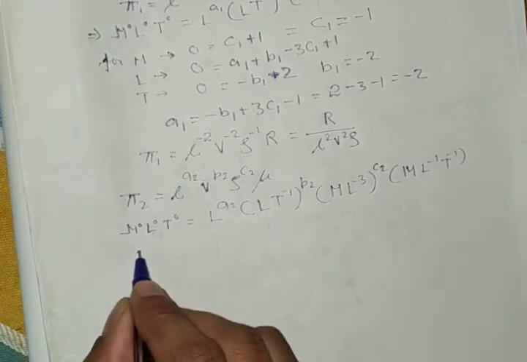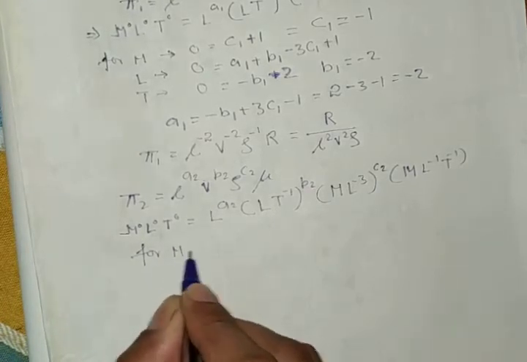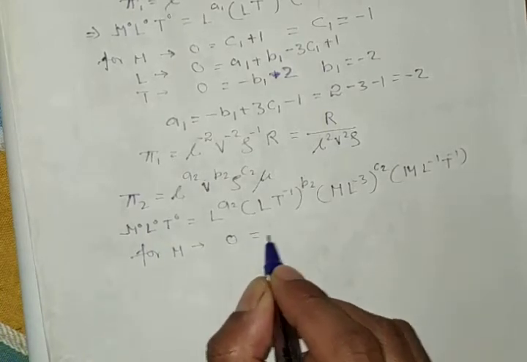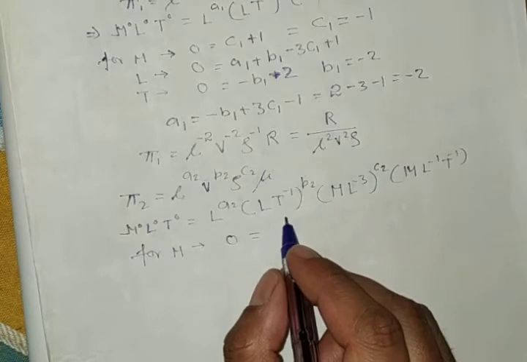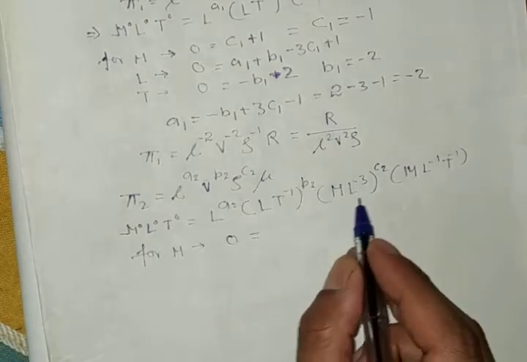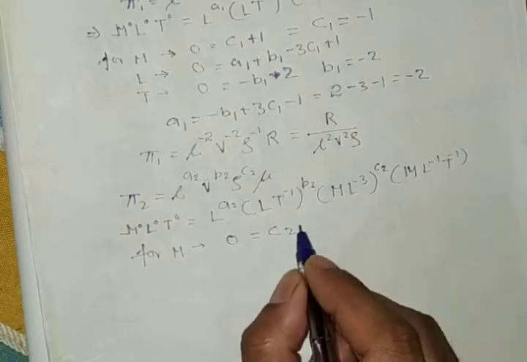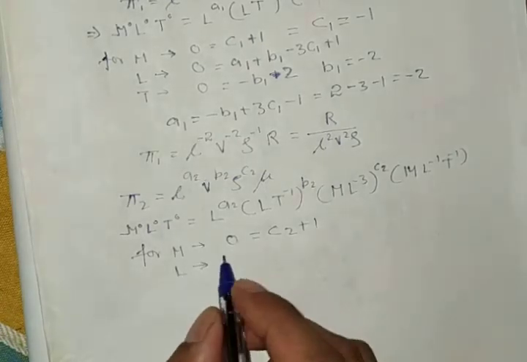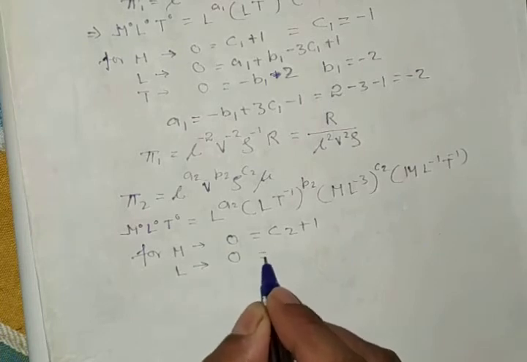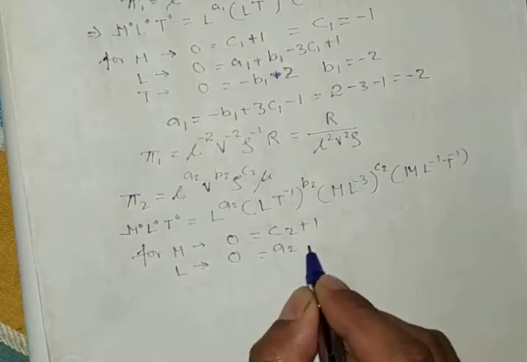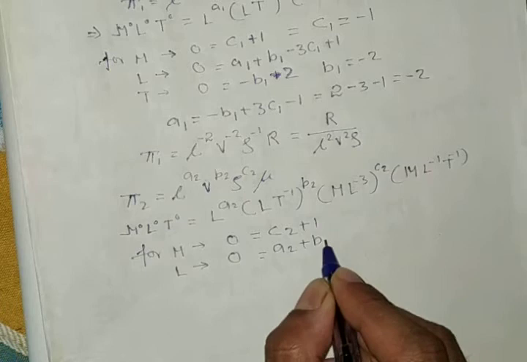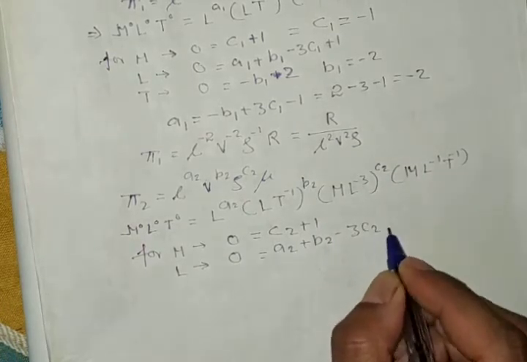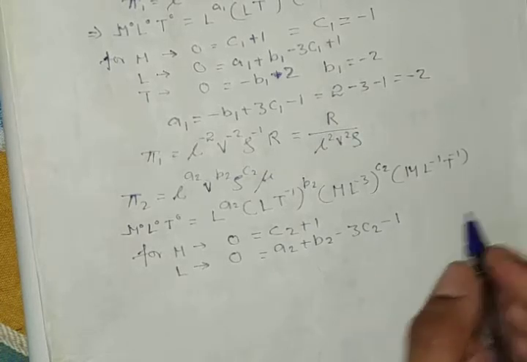So for M, it is 0, so 0 will be equal to C2 plus 1. For L, it will remain 0, so this is A2 plus B2 minus 3C2 minus 1.